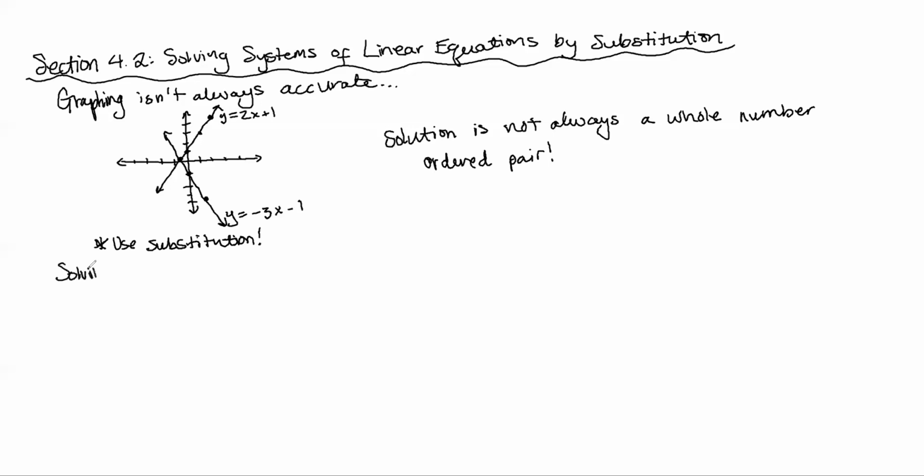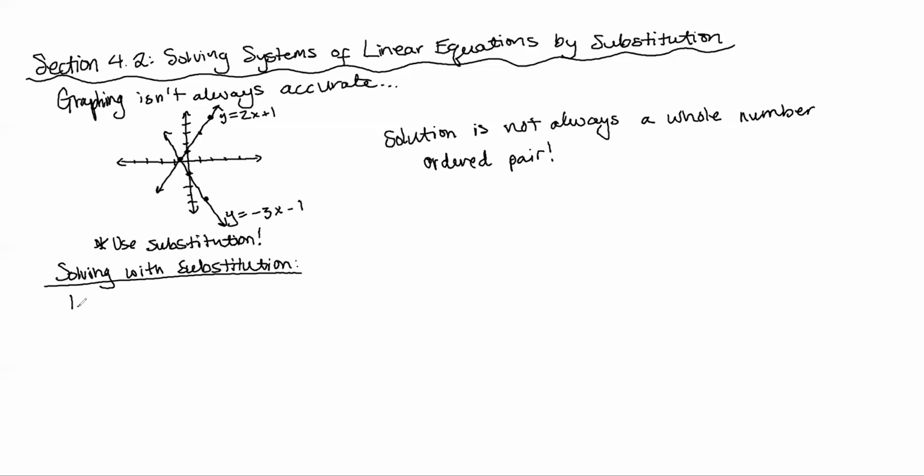So let's first write out the steps for solving with substitution. And these steps almost make it sound more complicated than it is, so don't get wrapped up in these steps. We'll write them out just so you have them, and then we'll focus more on the examples.